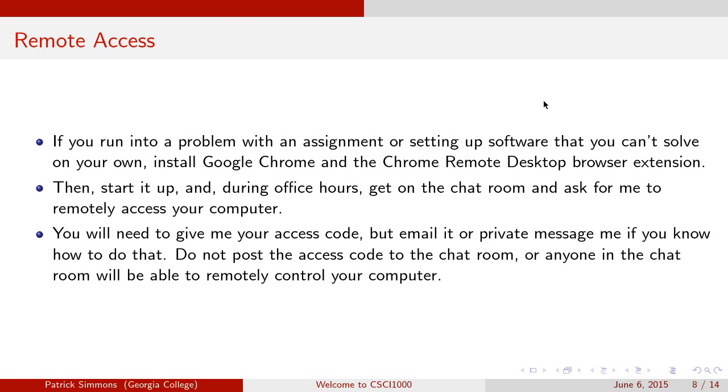So email it to me, or private message me if you know how to do that. Typically, private messaging someone is something that you would do if you used a client, not the web chat thing. Just email me the access code during my office hours, and I will take a look at your computer and see if I can figure out what's going on.